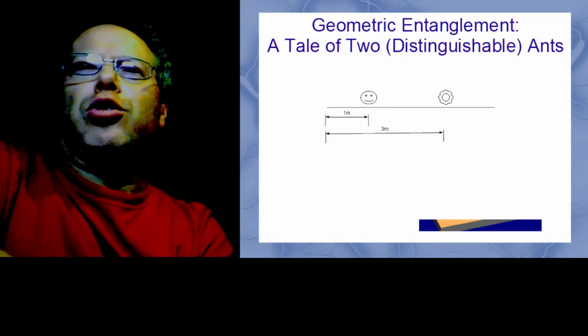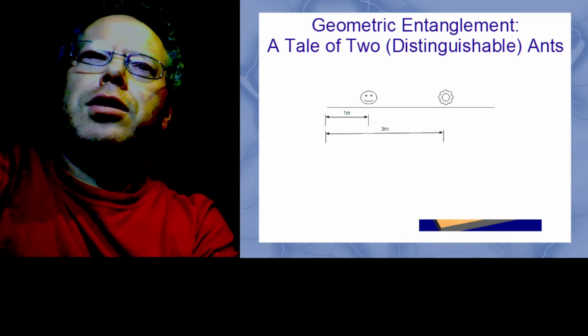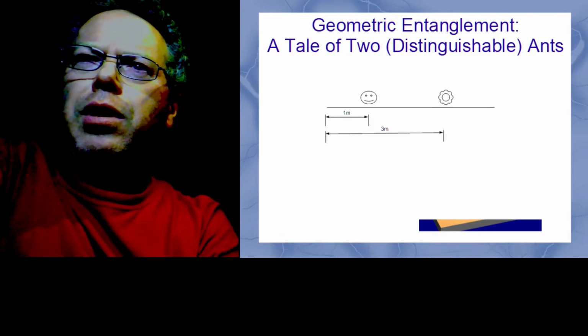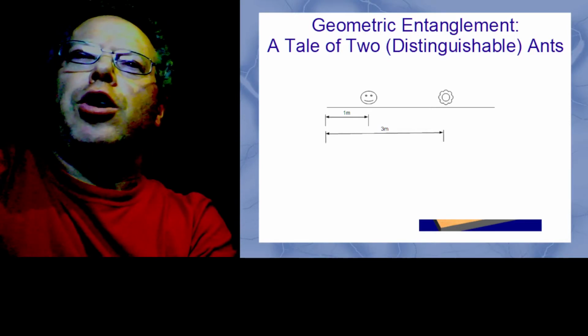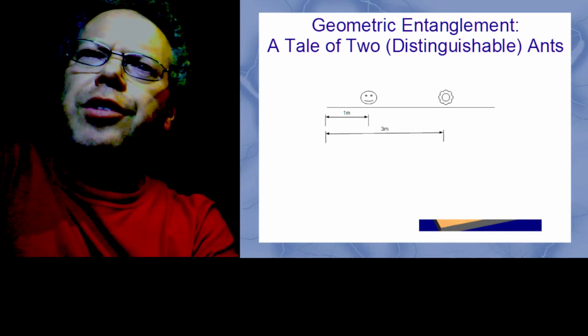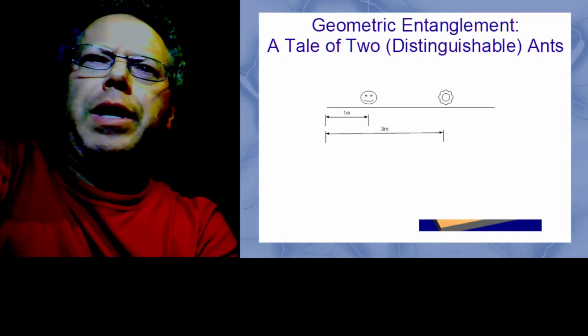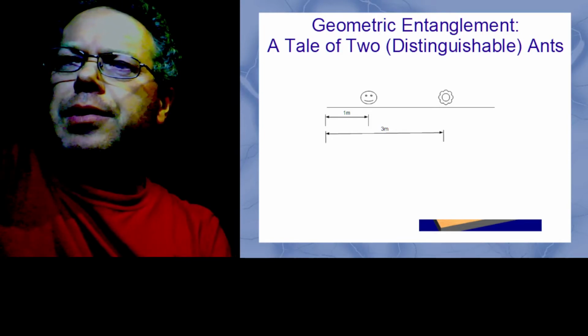We live in a one-dimensional world. I've got two ants. I didn't have a good satisfying ant icon, so I used a happy face and a flower. So let's just say we live in line land, and happy ant is at 1 meter from me, and flower ant is at 3 meters from me.